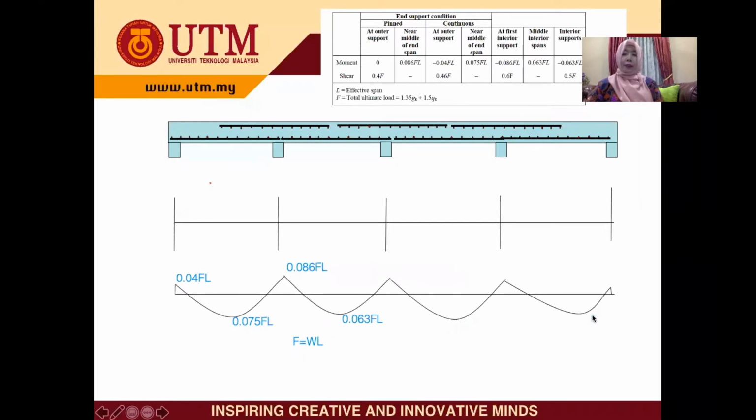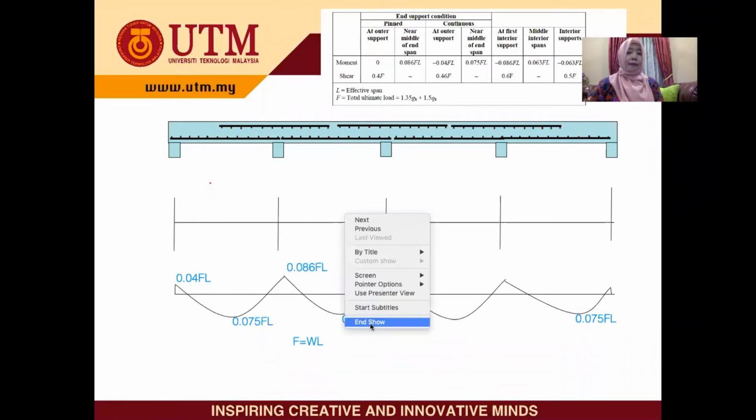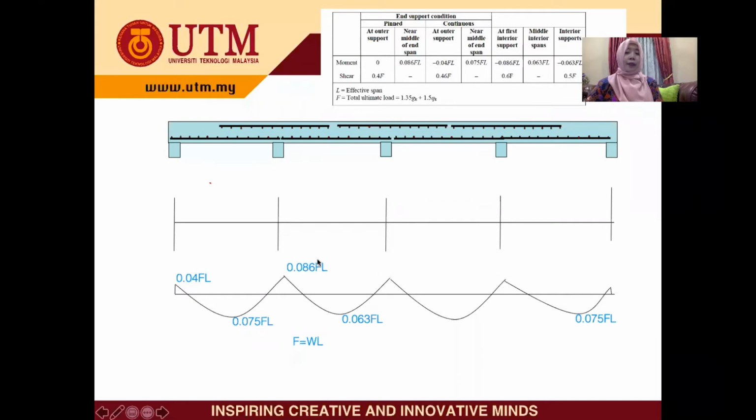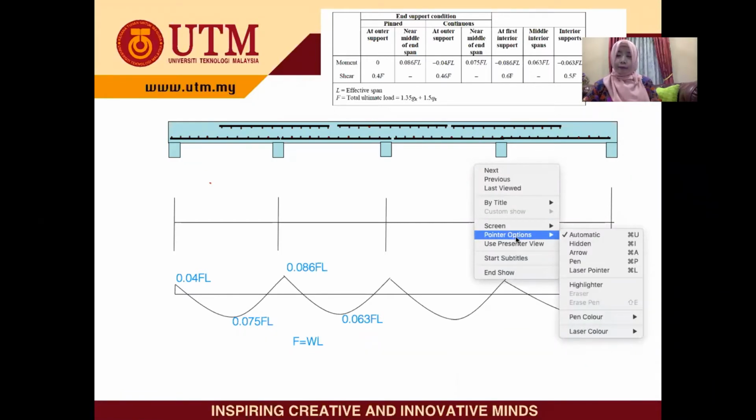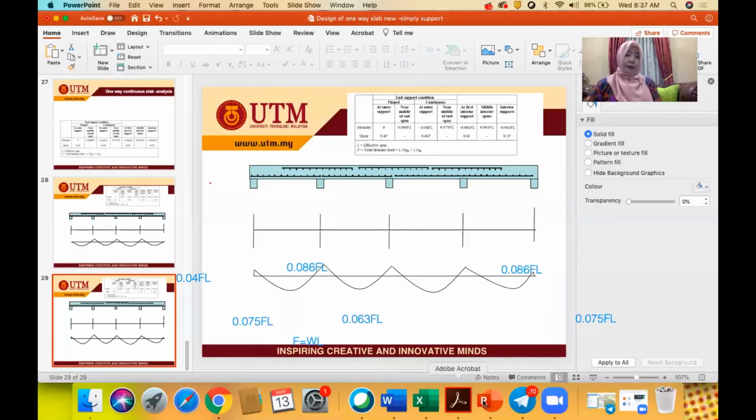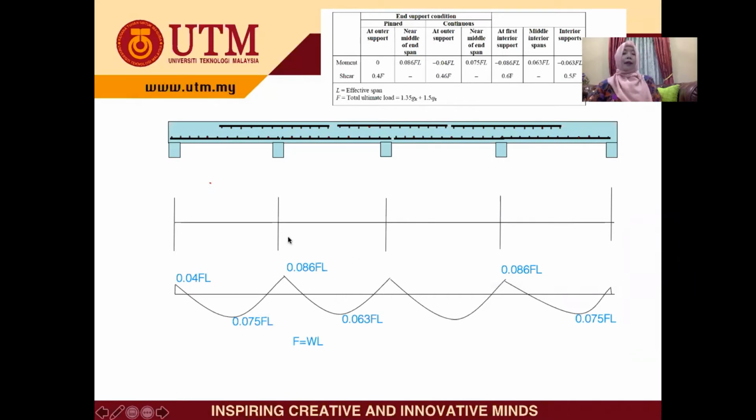Here is equal to this one, 0.075FL, and here 0.086FL. So you can see the difference.